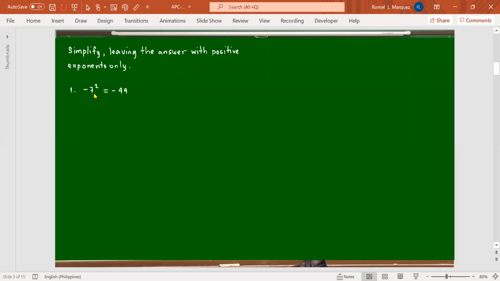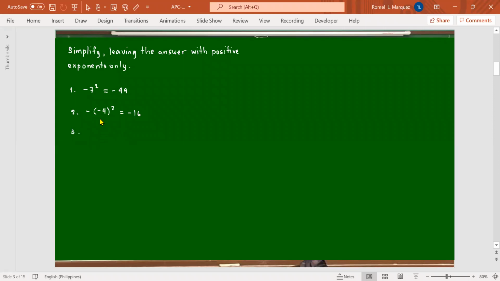It means the only quantity to be squared is 7, not including the negative. Okay, guys? If I have negative of negative 4 quantity squared, it means negative 16. Am I clear with this, guys? This negative 4 quantity squared, including the negative, is 16, but preceded by negative, so negative 16.